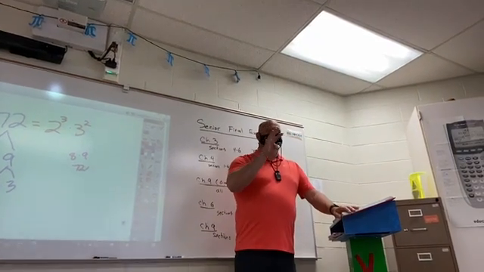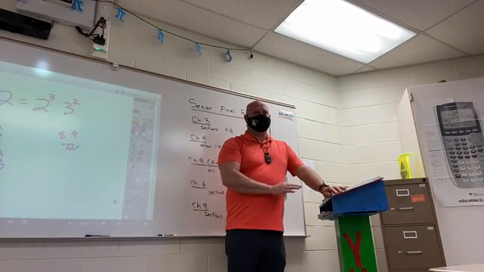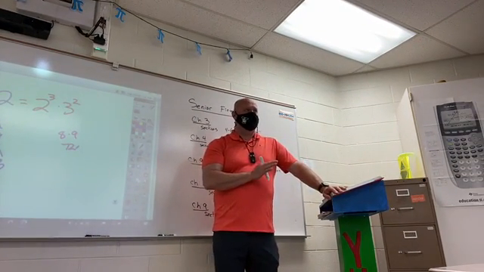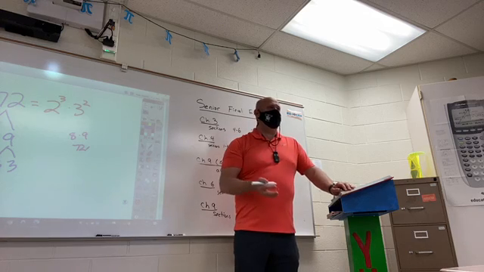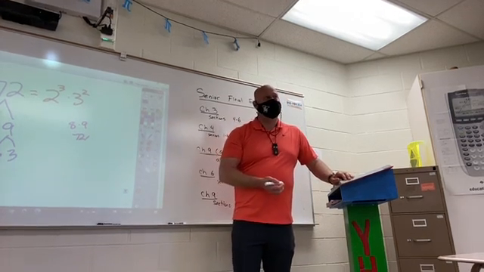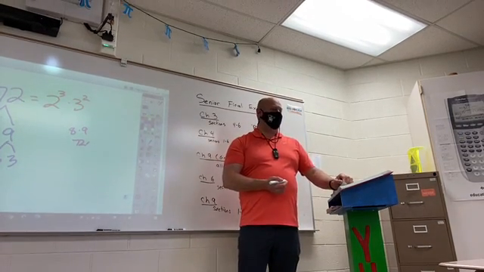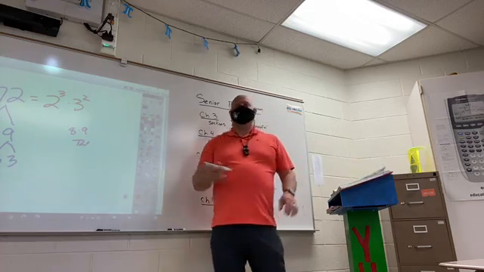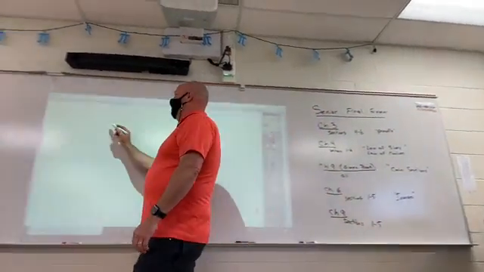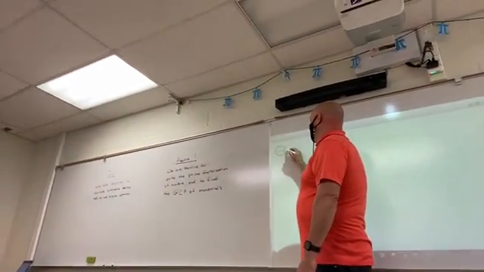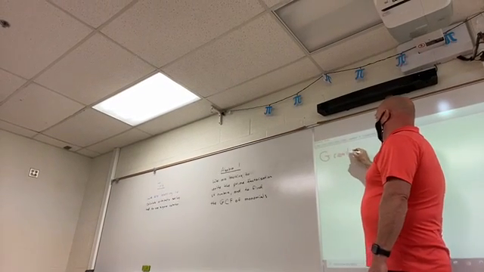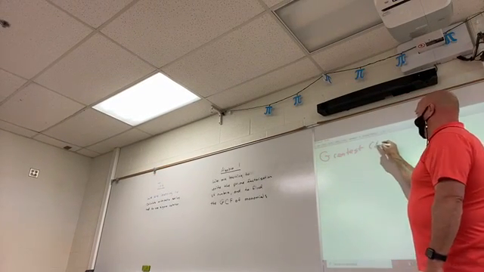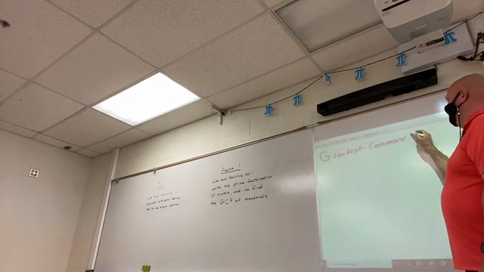Prime factorization. Have we done this before? What do you think we're doing next? GCF. Now, the next thing we got to talk about is basically the greatest common factor.